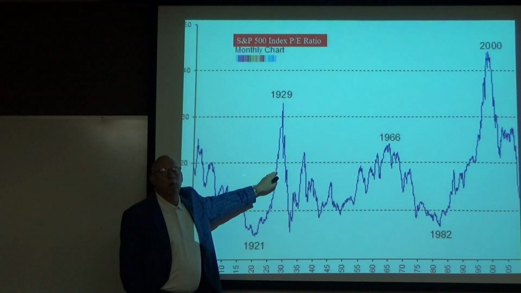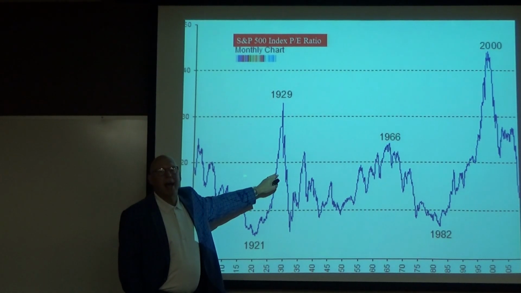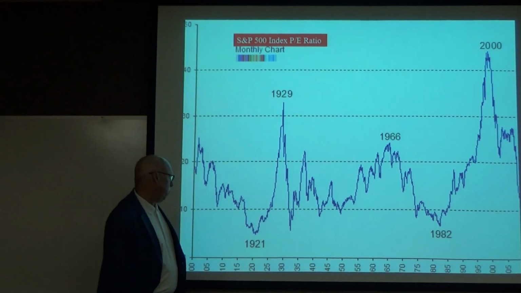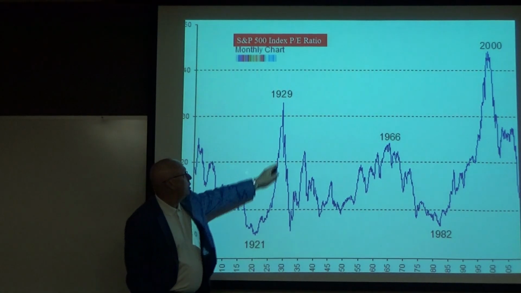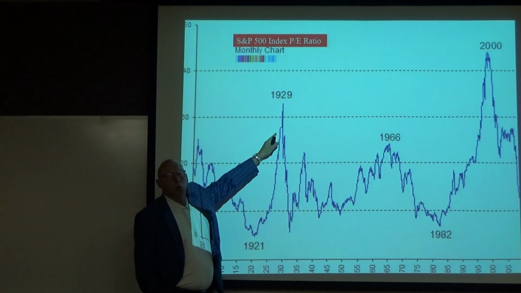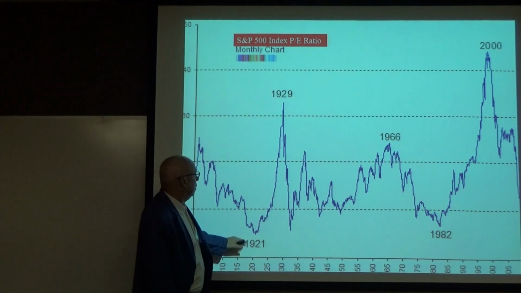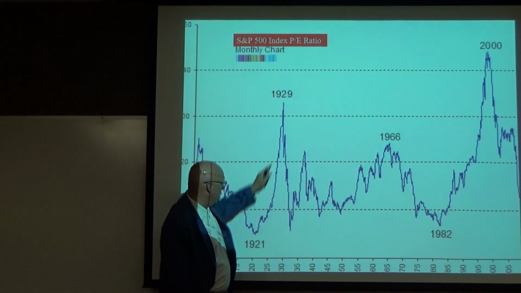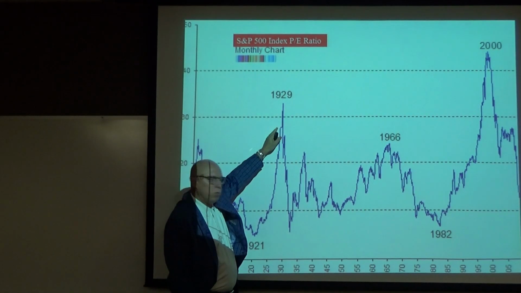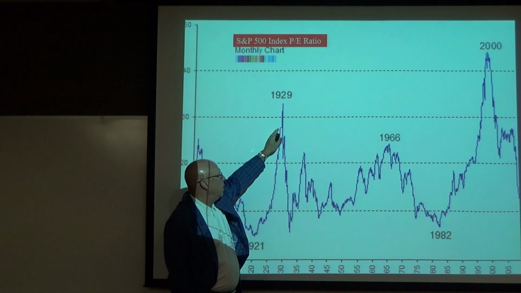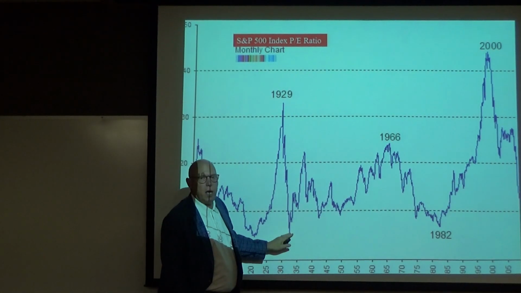What does this reflect? It reflects primarily interest rates and mood swings. People being scared. Back in the 30s, you can see that multiples went straight up. People got very, very scared. I'm sorry, this is 29. This is when people got super, super confident, and then the multiples went straight down.